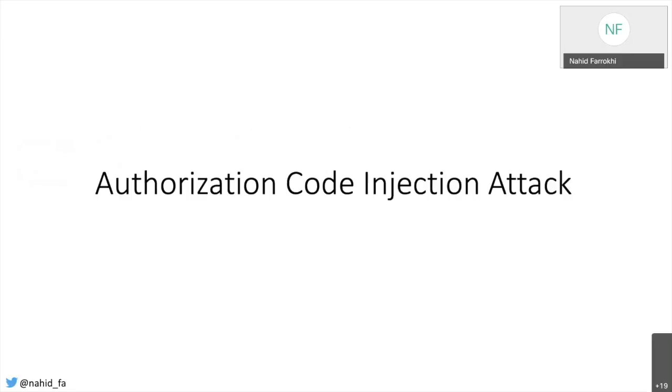So the client sends the code to the authorization server's token endpoint along with the client ID, client secret, and actual redirect URI, right? The authorization server here, what does it check? It checks the client secret, it checks whether the code was issued to the particular client and whether the actual redirect URI matches.